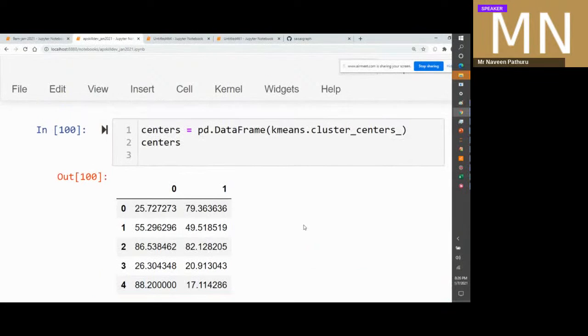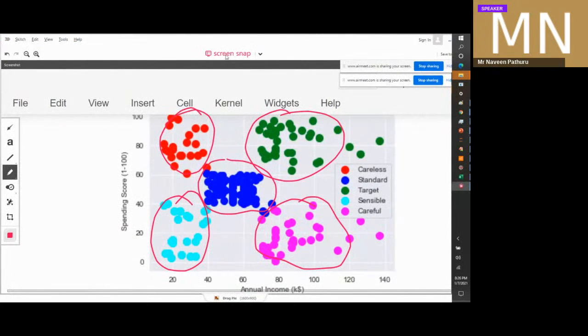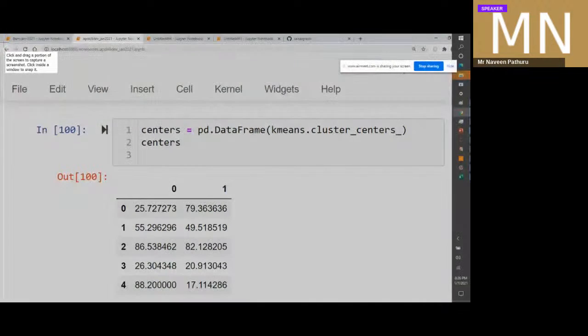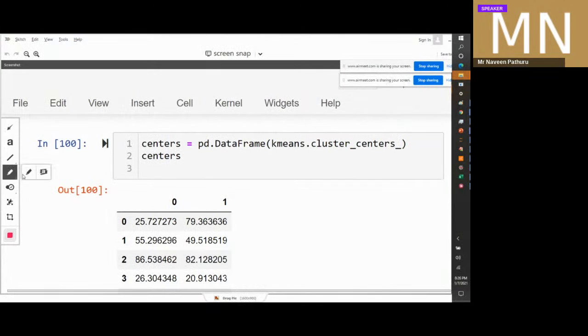At a numerical or mathematical level, the first group is telling us their average income is about $25,000 every year.